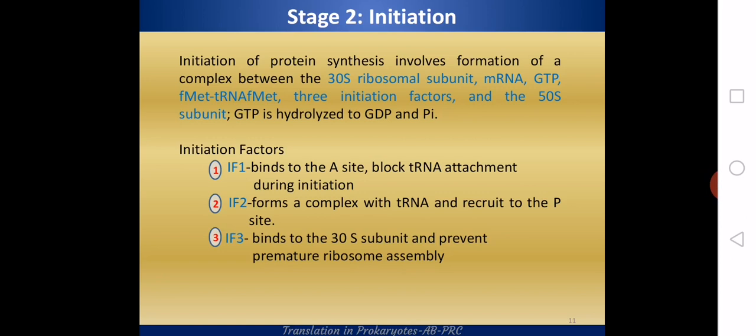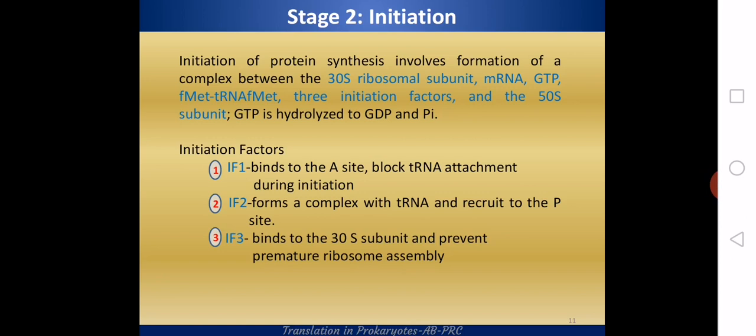So actually what's happening in the initiation is there is a complex formation between the 30S ribosomal subunit, the mRNA, the fMet-tRNA fMet, and the 50S subunit. Additionally, we have to spend a GTP molecule.